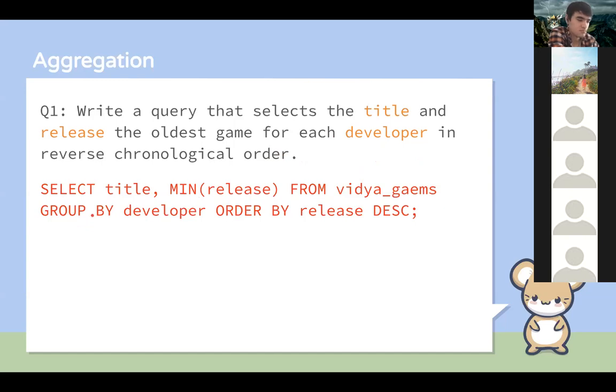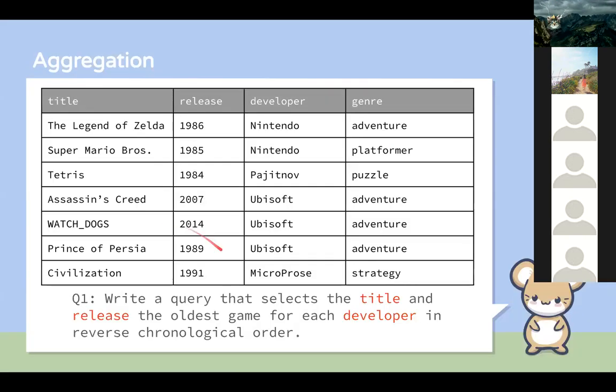So we want to group by developer because what this does is, looking back at this table, right? How SQL groups it is the first 2 rows would be grouped together because they share the same developer, Nintendo. Tetris would be grouped by itself because it has a unique developer.